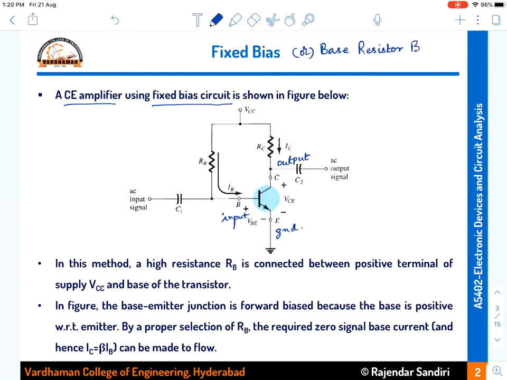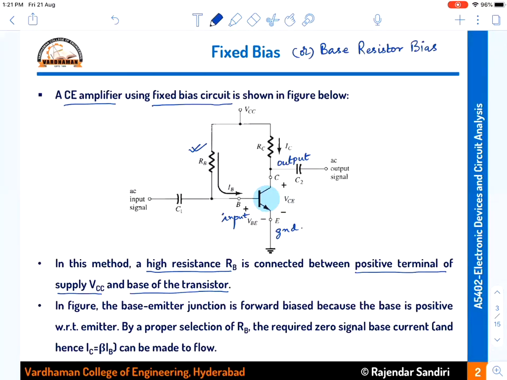In this method, a high resistance RB is connected between the positive terminal of the battery, the supply voltage VCC, and the base of the transistor. This is the biasing element, RB.